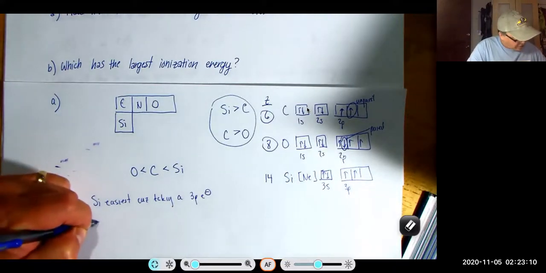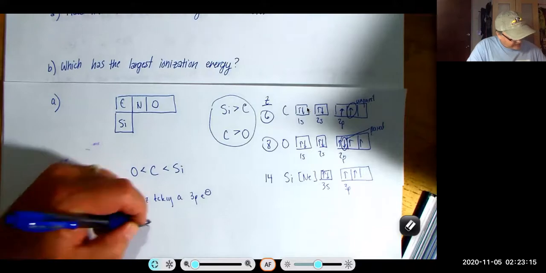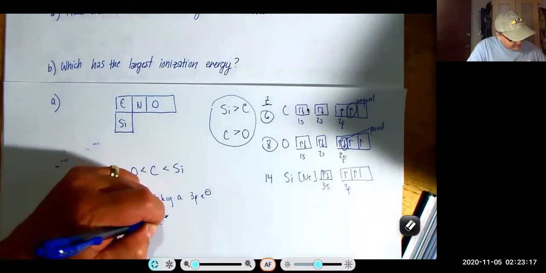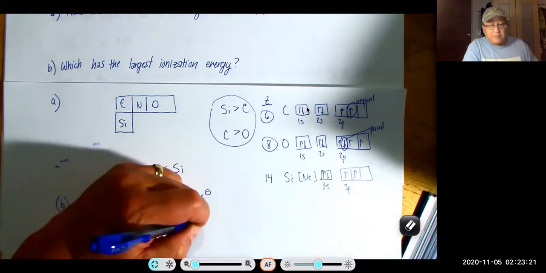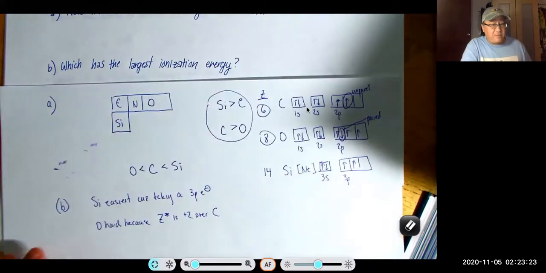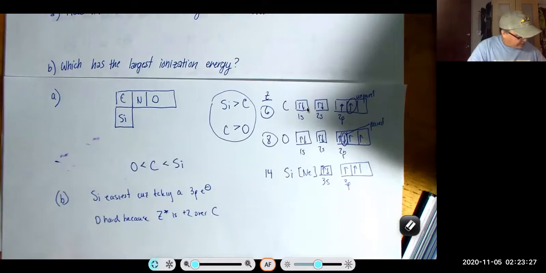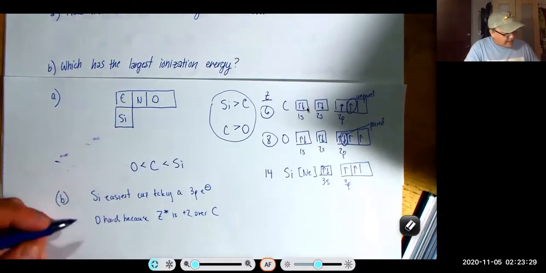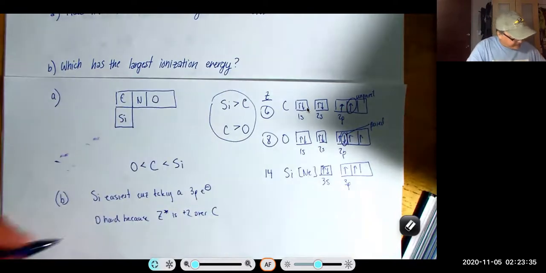So oxygen is harder because the Z star is +2 over carbon. If it were only +1, then we'd have to say, oh, maybe we better look at the paired versus unpaired. Okay, so here, when we're looking at ionization energy, which one's going to be the easiest?